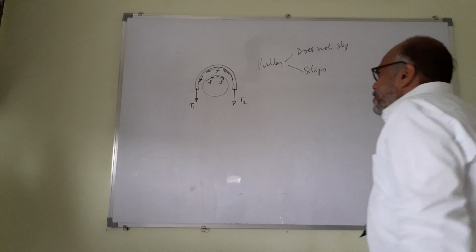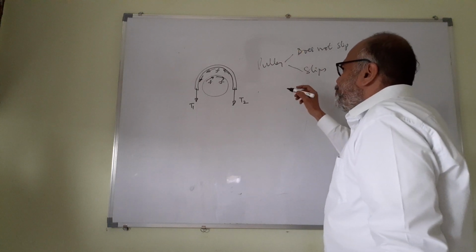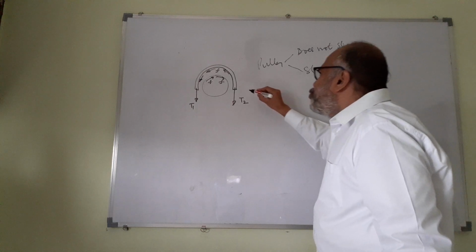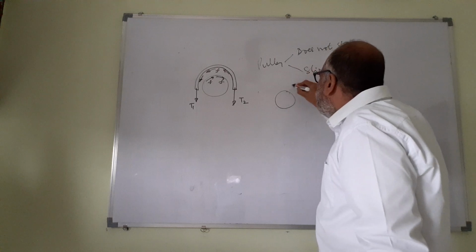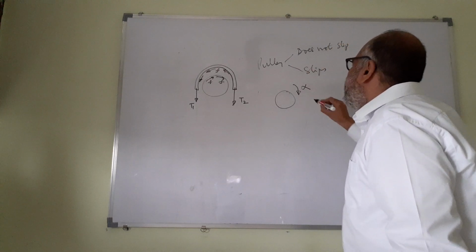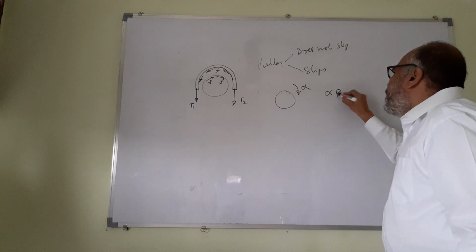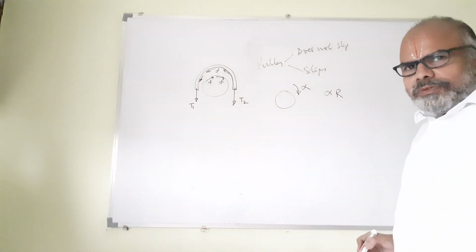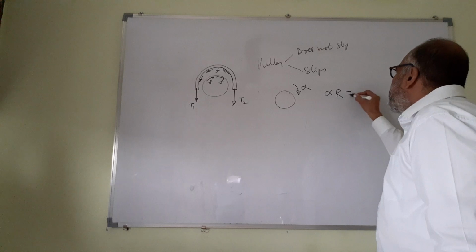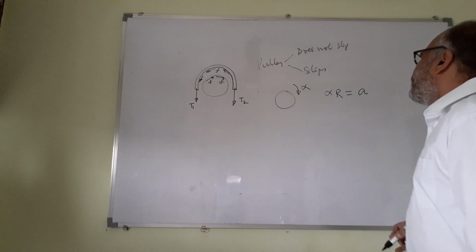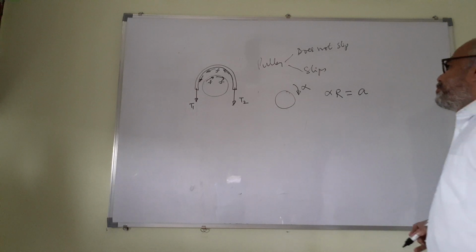Where it does not slip, if the angular acceleration of the pulley is alpha, then the tangential acceleration will be alpha r, where r is the radius of the pulley. This alpha r will be equal to the acceleration of the string because they are not slipping.